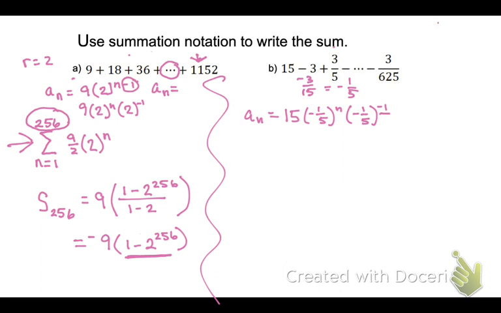It divides it, so it reciprocates it. So it would be 15 times negative 5. So a sub n is going to be negative 75 times negative 1/5 to the n.